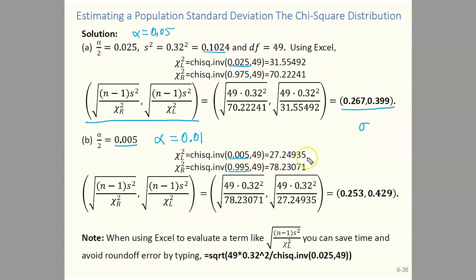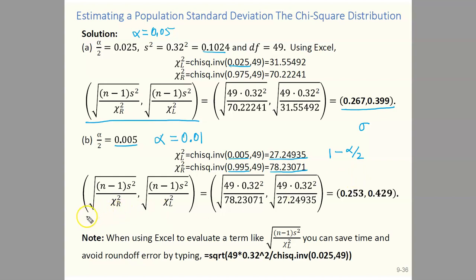That 0.995 comes from 1 minus alpha over 2, where alpha over 2 is this number here. And so you will get these 2 values for your left and right hand cutoffs.